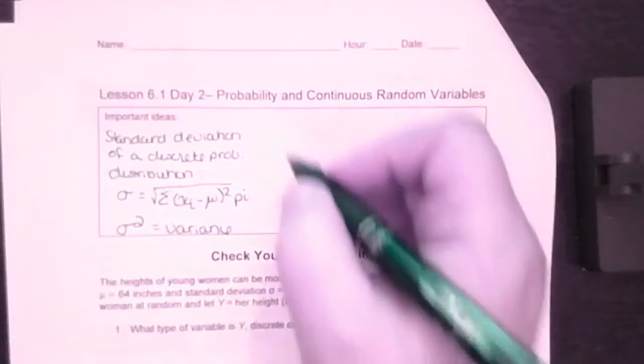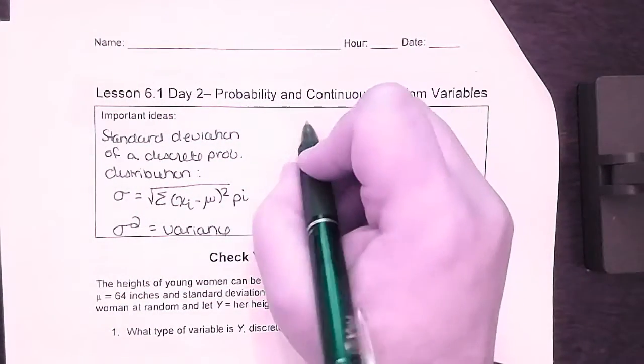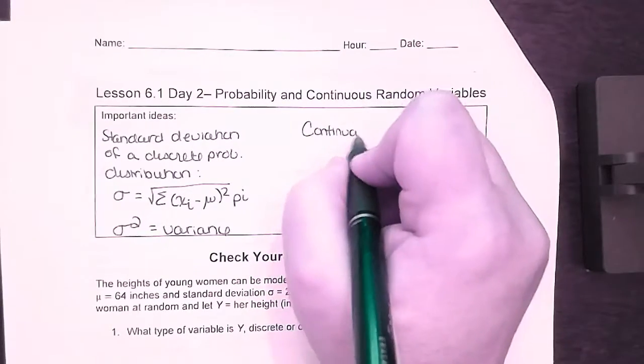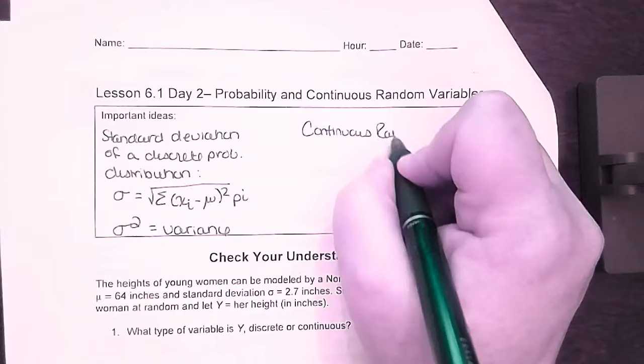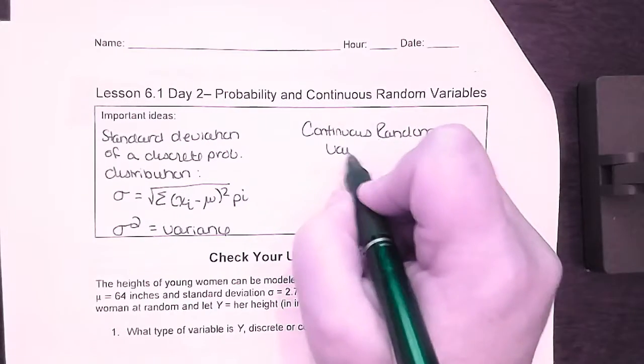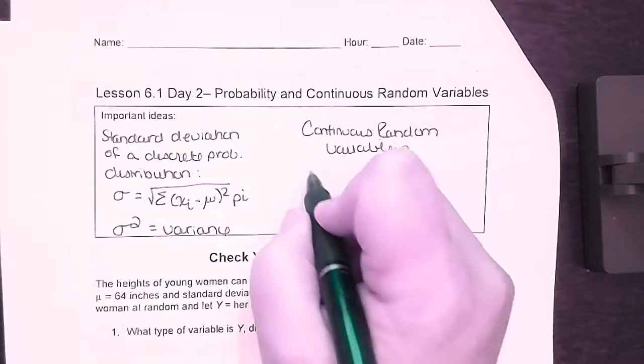Now, if we're doing this for continuous random variables, we're going to find the area under the curve.